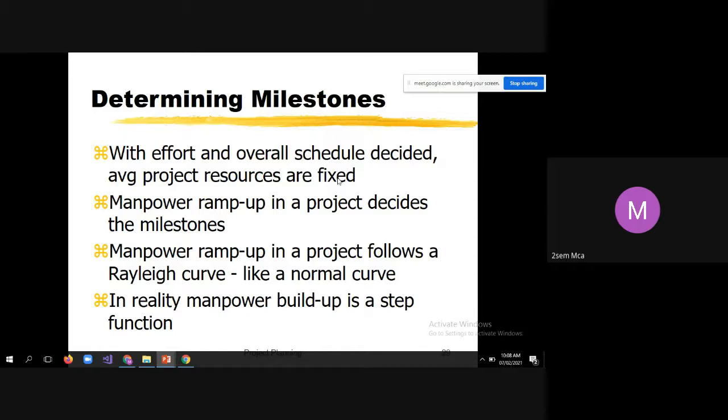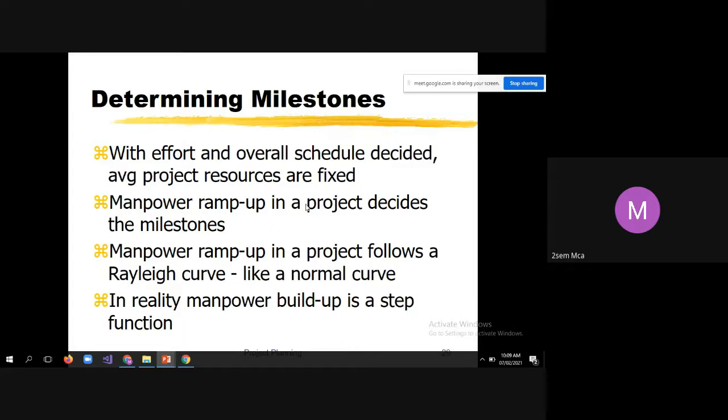Once the effort and overall schedule are decided, average project resources are fixed. Here resources means manpower is also a resource, software is also a resource. Whatever is required for the project, everything is considered a resource, either software or technical manpower.